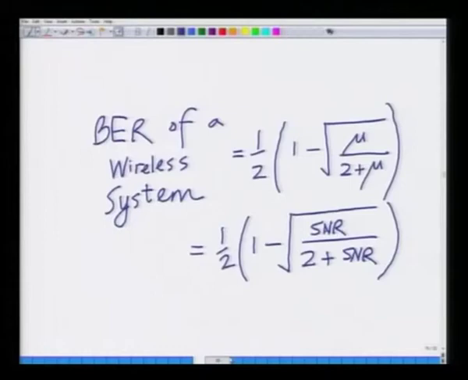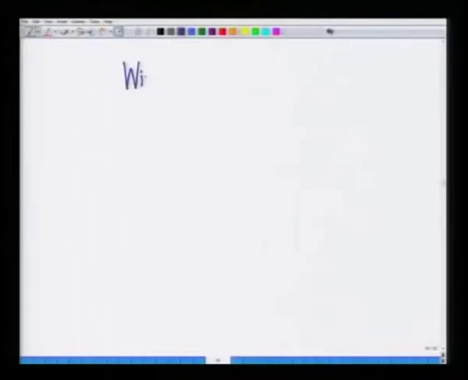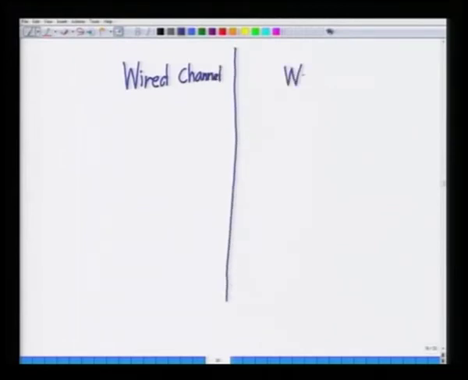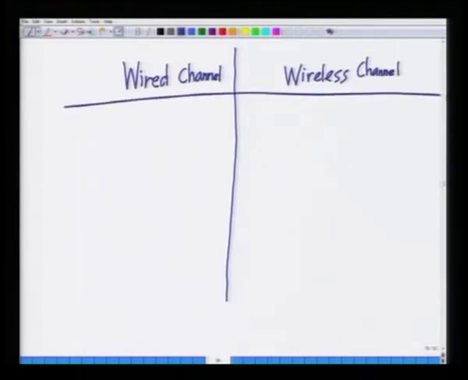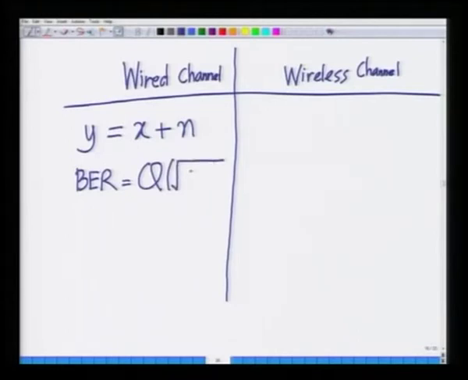Let me write the performance expressions of a wired and wireless system now for comparison. The wired channel is y equals x plus n, and the bit error rate is Q times square root of SNR.